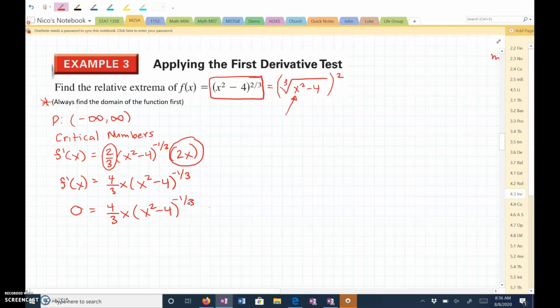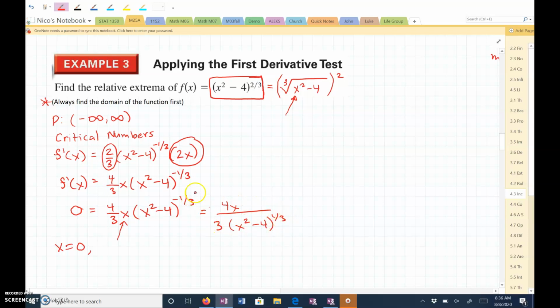So first of all, the x values where this derivative is equal to 0, the only case there would be when x equals 0. You could think of this function looking like this. 4x over 3 times x squared minus 4 to the 1/3 power.